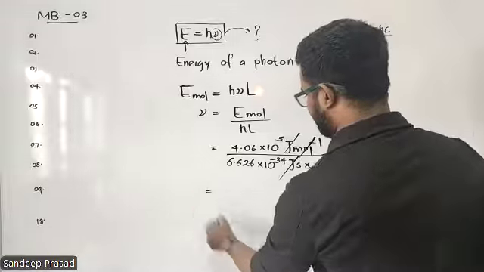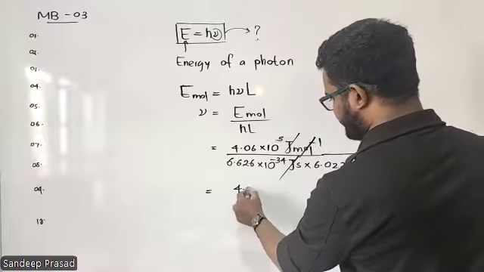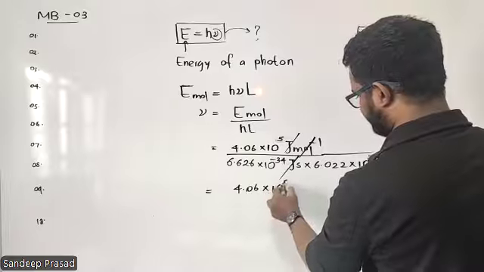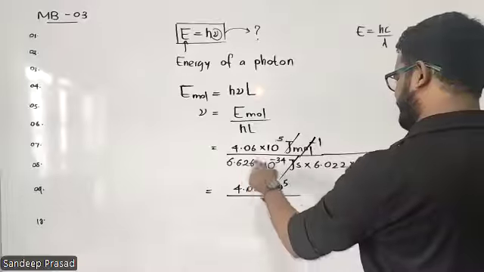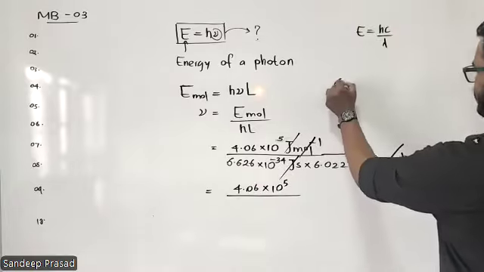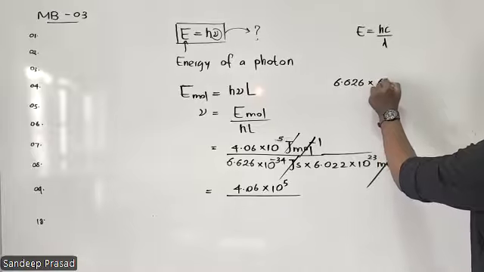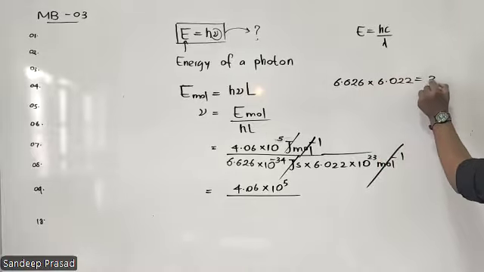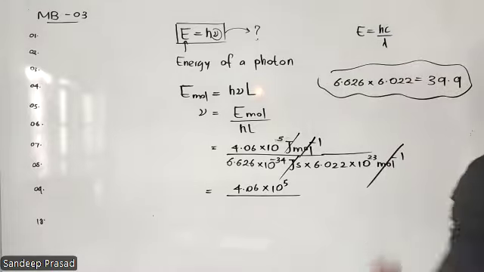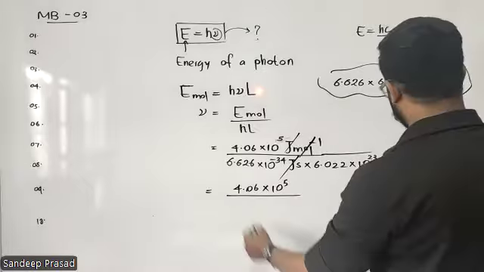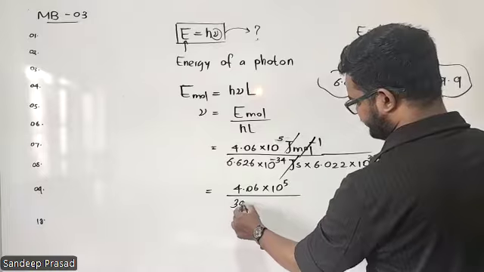And here we have 4.06 × 10^5. I taught you that the multiplication of Avogadro number and Planck's constant is always equal to 39.9. Remember that. Especially in these kinds of MCQs, that will be very useful. Now, you don't have to use logarithms here.